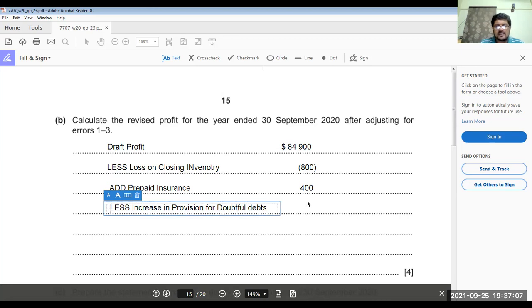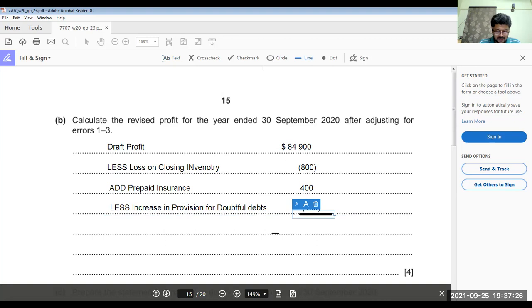That is 100. It should also be in bracket. And done.